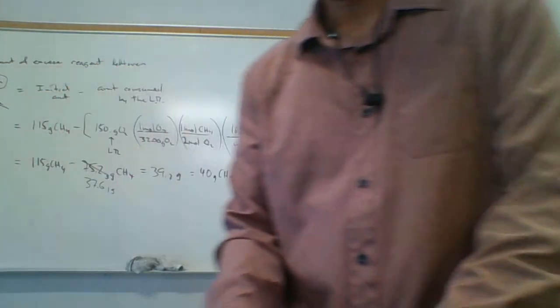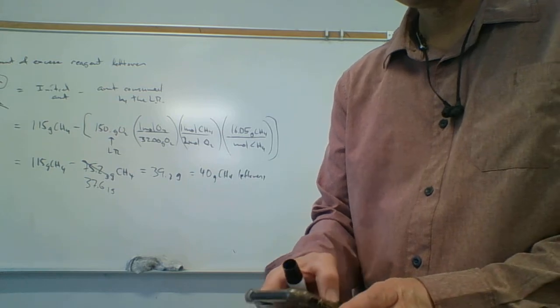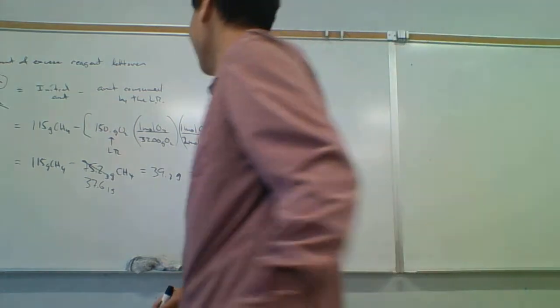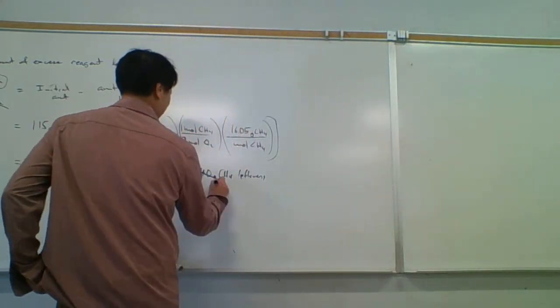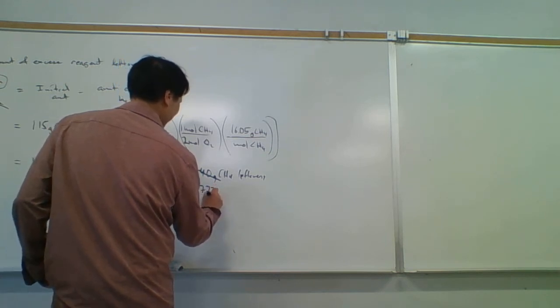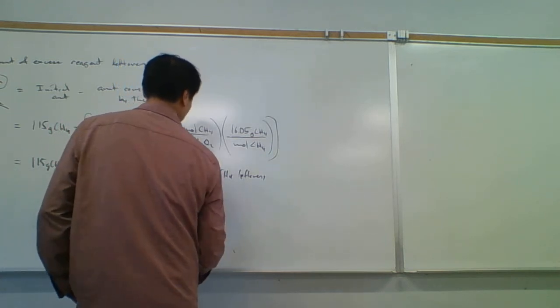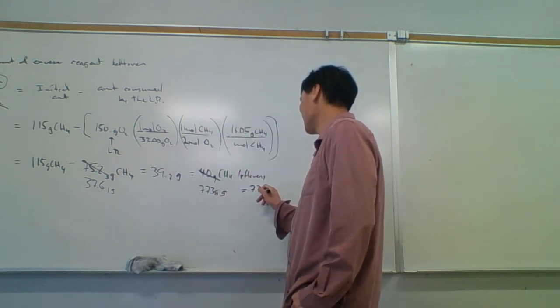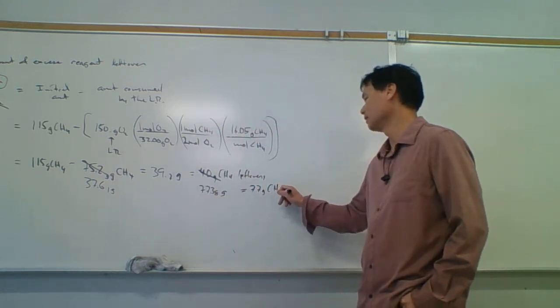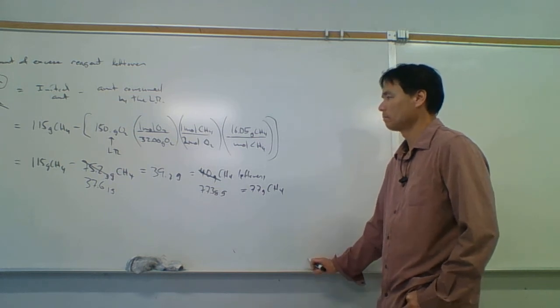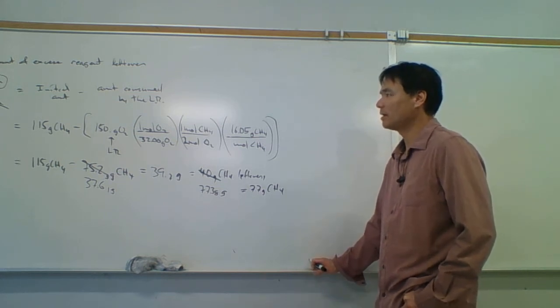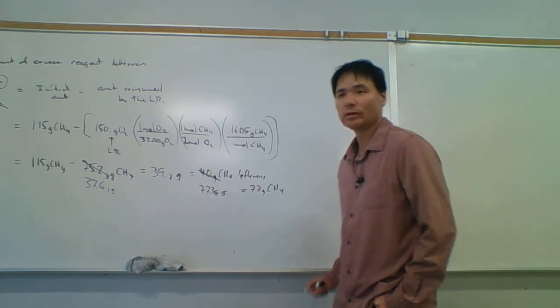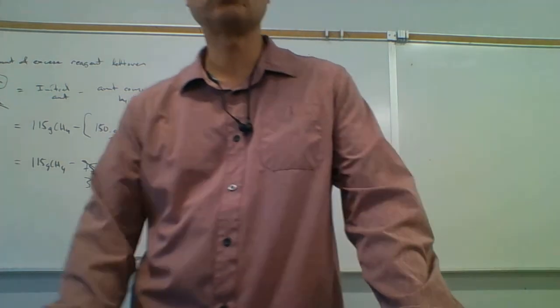Minus 115. 77.38. And so this means 77 grams of methane left over, 77 grams out of the 150. So more than half left over. It's kind of a waste.